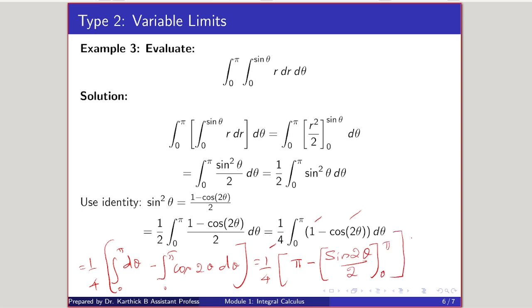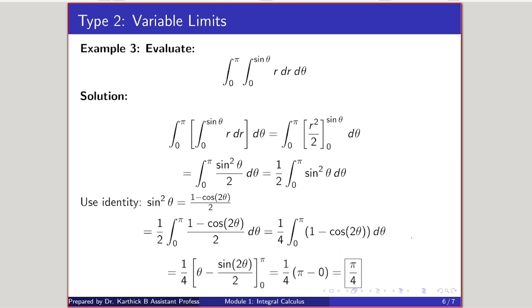Then we know that sine n pi is always 0, where n belongs to the natural numbers. Then sine 0 is always 0. So while making this, I am getting the value as sine 2 pi.